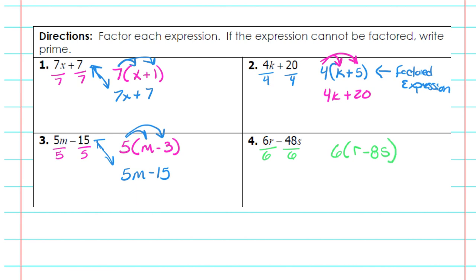Again, if I wanted to distribute this out, 6 times r is just 6r, and 6 times negative 8s is negative 48s.